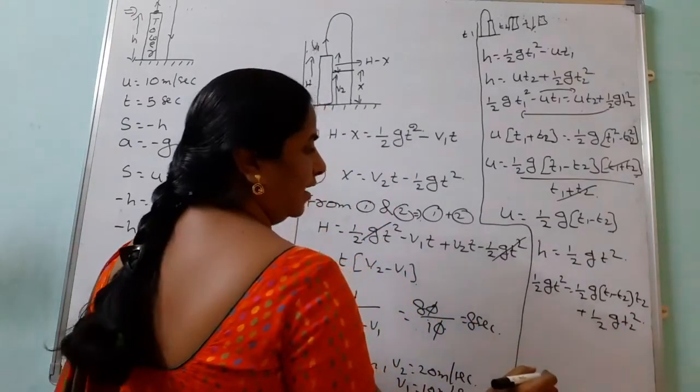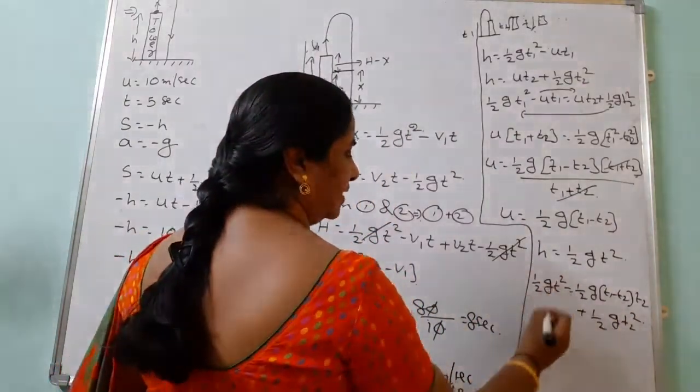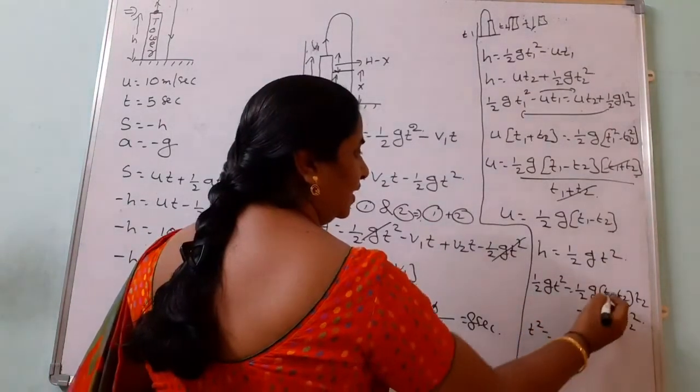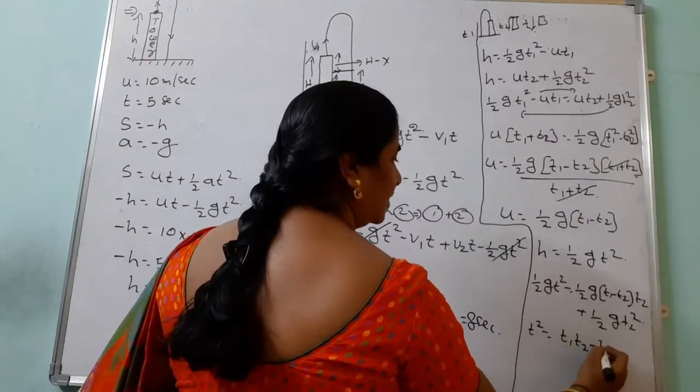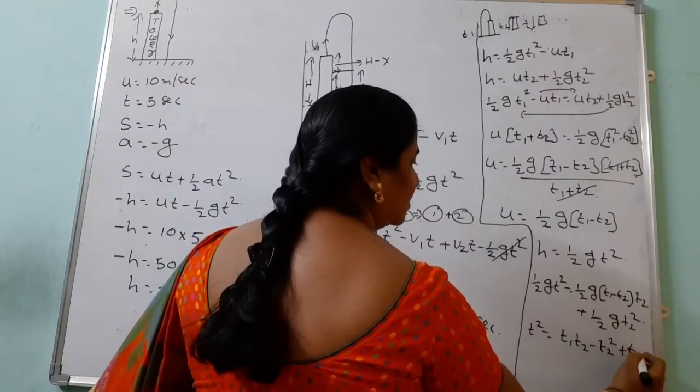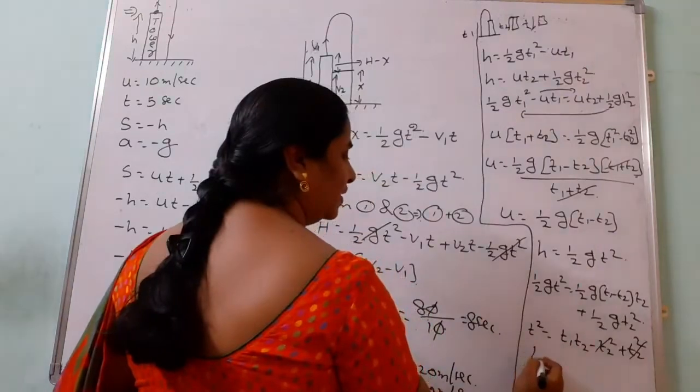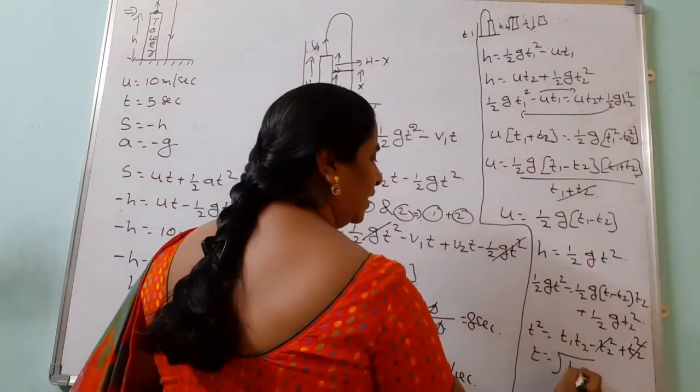In all cases, half g is common. You can cancel it also. T square equals t1 into t2 minus t2 square plus t2 square. After simplification, t equals under root t1 t2.